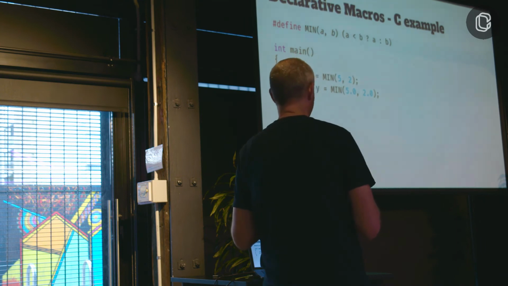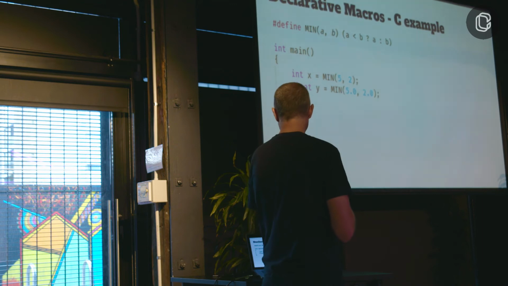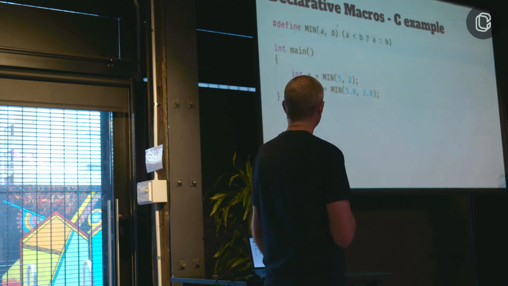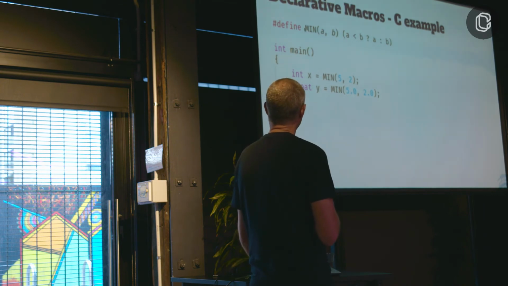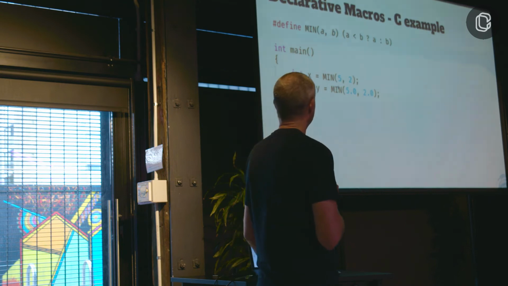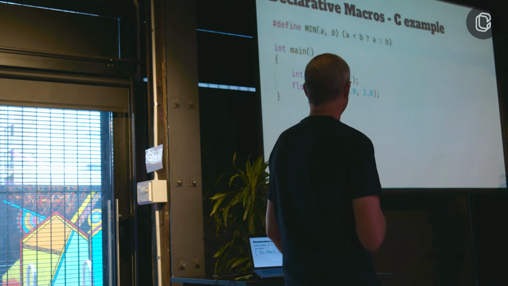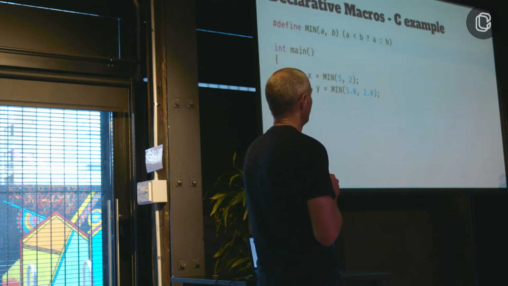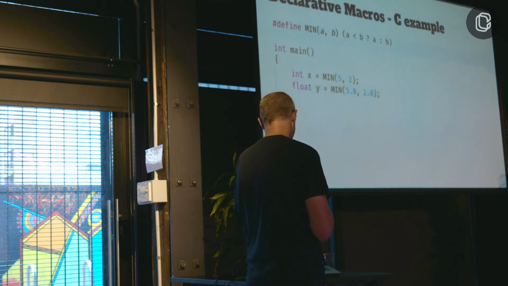You could even compare strings, but the result would be kind of interesting, especially in C. And basically what the preprocessor does in C is it applies this min definition to here, and it essentially inserts this code into here. And so in this case, it would be a hard-coded 5 is less than 2, question mark. And then it would probably compile it away to begin with, but that's what it does.